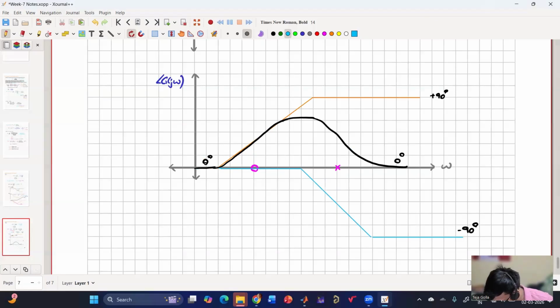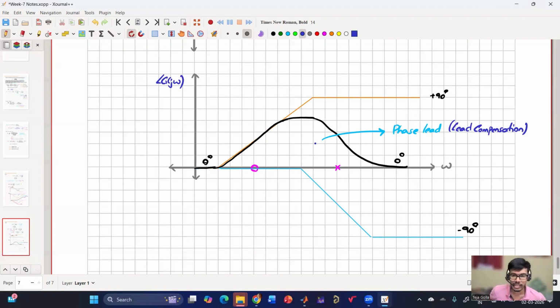Now if you see, this is phase lead. Phase is always positive, so that is phase lead. That's why it is called lead compensation. So the concept is very clear. If the pole is coming first, there will be a phase dip and then it will increase. If the 0 is coming first, there will be a phase increment and then it will start decreasing.